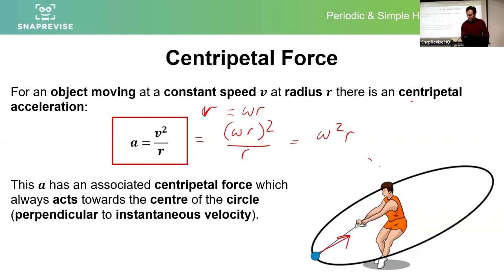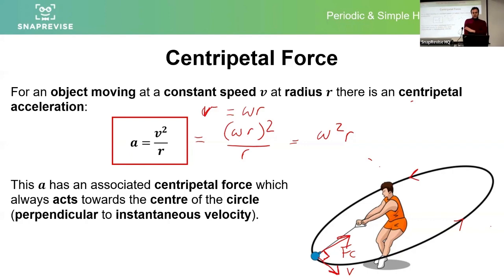In the case of our good hammer throw bro, it's hard to know from this diagram what direction he's swinging his hammer, but I'm going to say it's going around this direction. So our instantaneous velocity is there, but the force is pointing to the center and the acceleration is pointing to the center. And these are perpendicular.